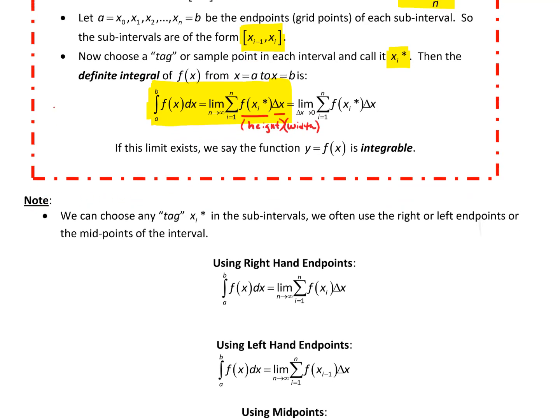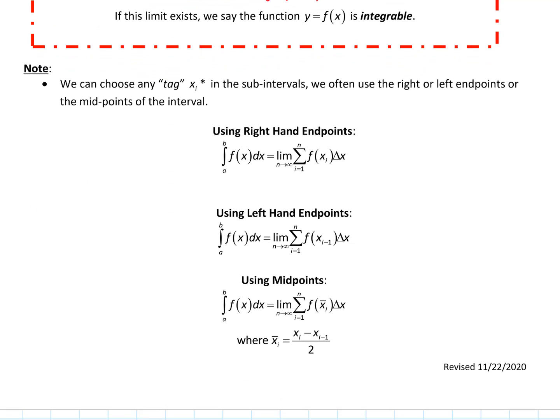Okay, quick note: if we choose our tag to be the right-hand endpoints, then on each subinterval, x sub i minus 1, x sub i, x sub i star is a tag that comes from that interval.